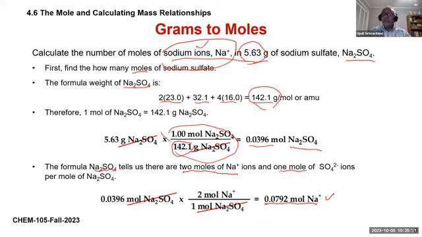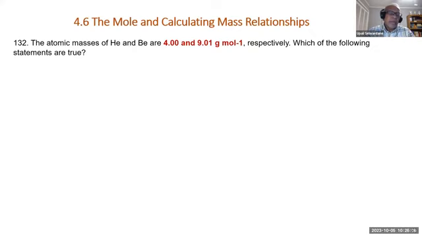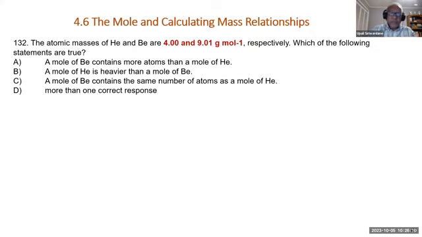That's how you calculate the number of moles from grams and the formula weight of a substance. Let's answer a few questions. Helium and beryllium are 2 elements.